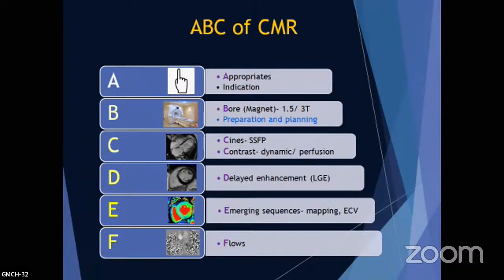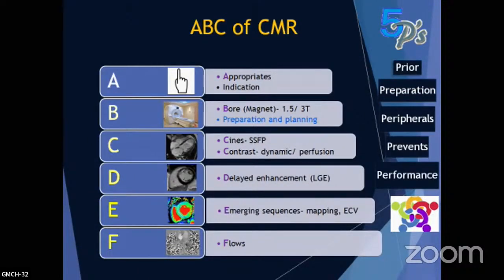And at times we need to do flows when we have to look for congenital heart disease or shunt quantification. You need not do everything in every patient. It has to be very, very well customized. Every patient that we do, at least in my place, we don't do without proper clinical information, and we do the cardiac MR as per the clinical needs.